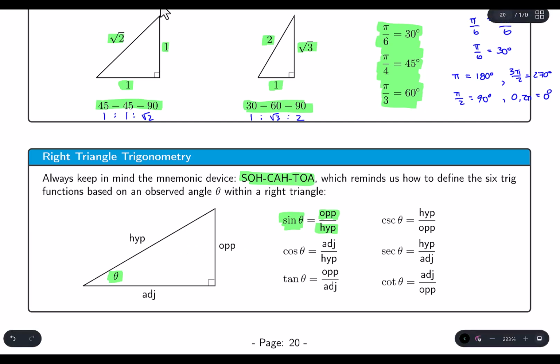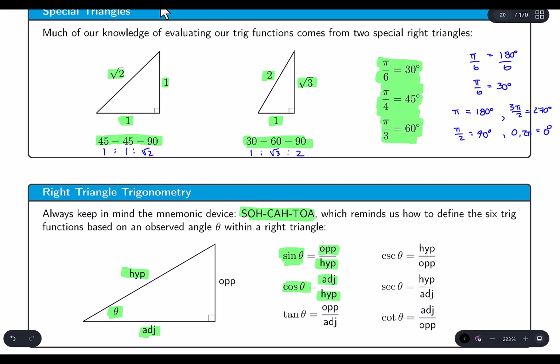All right, if I want to define cosine theta, so cosine, so CAH, it's adjacent over hypotenuse, so it would be this value over this value. So tell you what, for instance, this is the 60 degrees, so that would be the pi over 3 measure right here.